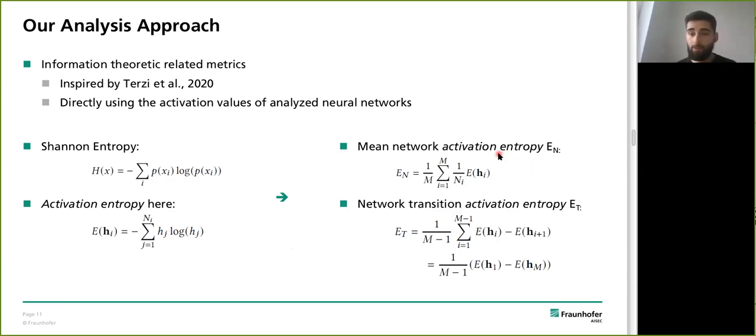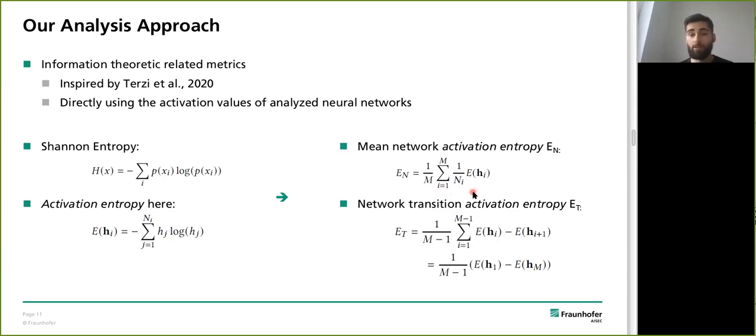And on the right-hand side, I will introduce you to the 2 metrics which we use in our paper, the mean network activation entropy and the network transition activation entropy, EN and ET. EN is based on this activation entropy, and it's normalized. It's calculated for each layer and normalized by the number of neurons, and then we calculate the mean over all layers.